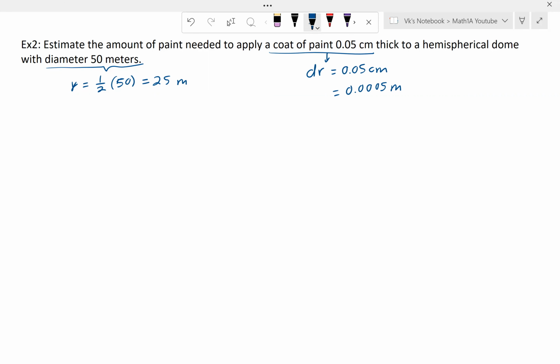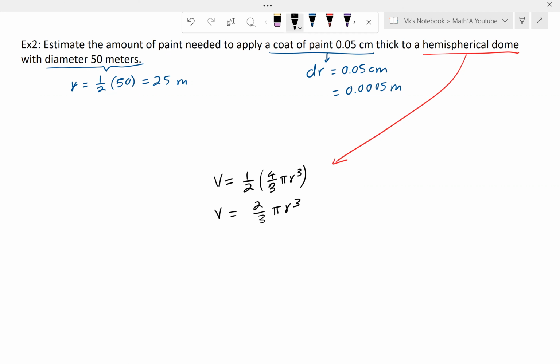And now, just be careful, right? It's a hemispherical dome. So the volume is half of the volume of the sphere, half of 4/3 pi r cubed, which is 2/3 pi r cubed. And then we differentiate both sides with respect to r.